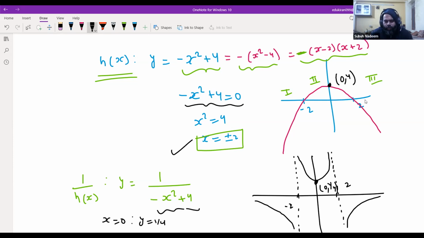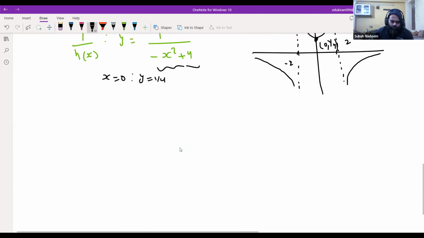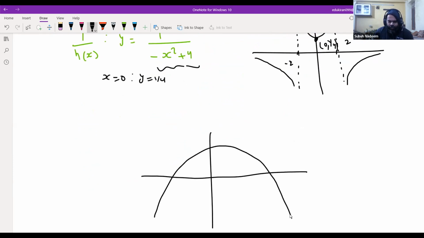Now if you combine both the graphs in one, what will happen? You have one graph which is of minus x square plus 4, which is like this, 2, minus 2, and this is 4. Let us write the coordinates: 0, 4; 2, 0; minus 2, 0.